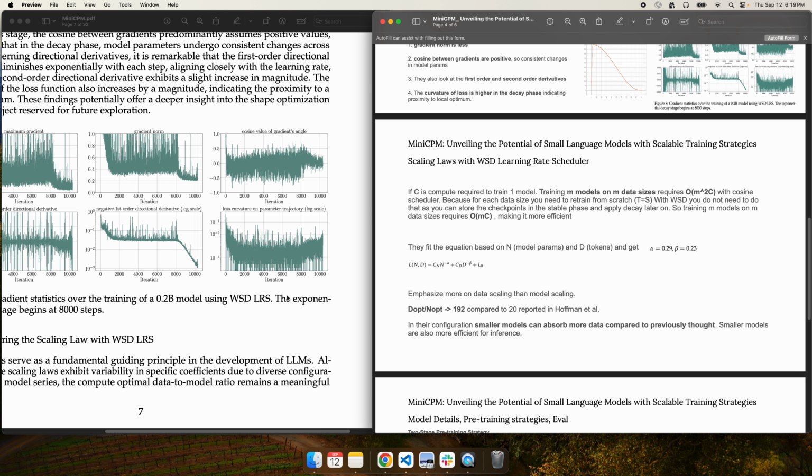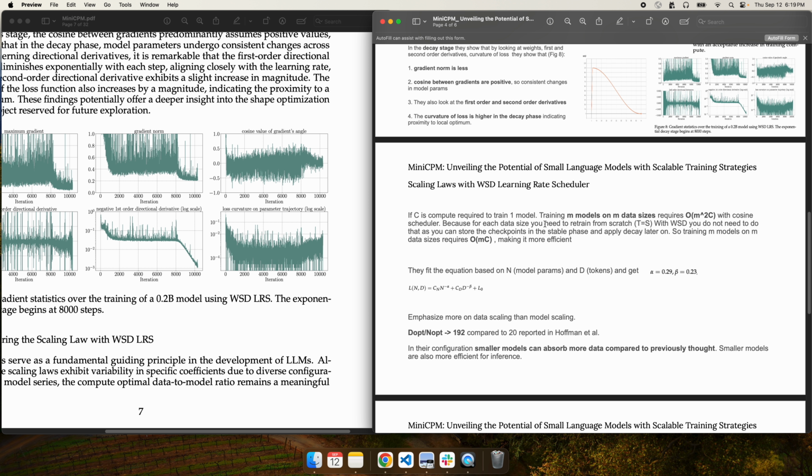The next thing they do is basically recompute the scaling laws with their new learning rate scheduler. So if you're using a cosine learning rate scheduler and you want to compute the scaling law, you basically would have to compute the loss of m different models and m different data sizes, right? And this would take m squared c compute time, if c is the compute time required to train one model.